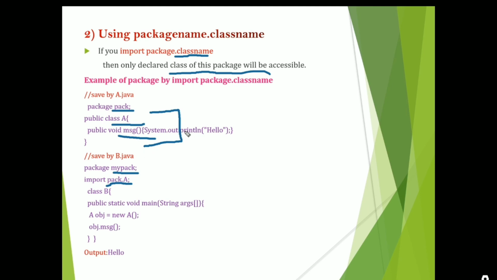This can be used in mypack's class B. Like this, only class A can be accessed which belongs to pack. Here the class name is A, and only that class can be accessed. By using this statement we can access a class of another package.